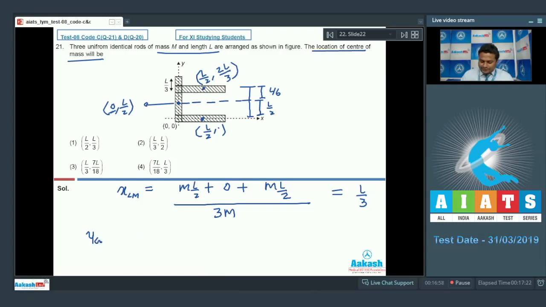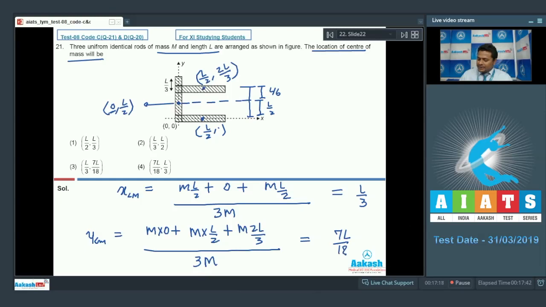Similarly, y center of mass will be M into 0 plus M into L by 2 plus M into 2L by 3 whole divided by total mass, that is 3M. After solving, this gets you 7L by 18.